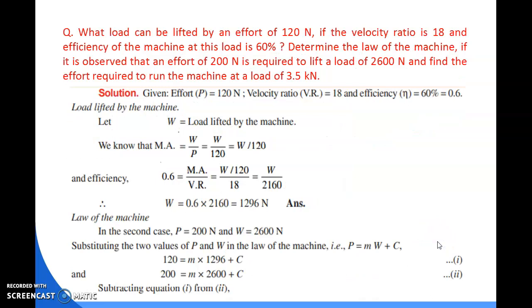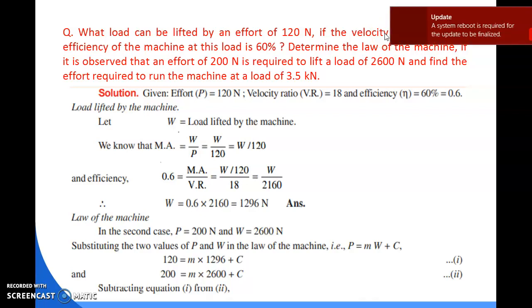Now there is a numerical based on the law of a machine. The question is, what load can be lifted by an effort of 120 Newton if the velocity ratio is 18 and the efficiency of the machine at this load is 60%?